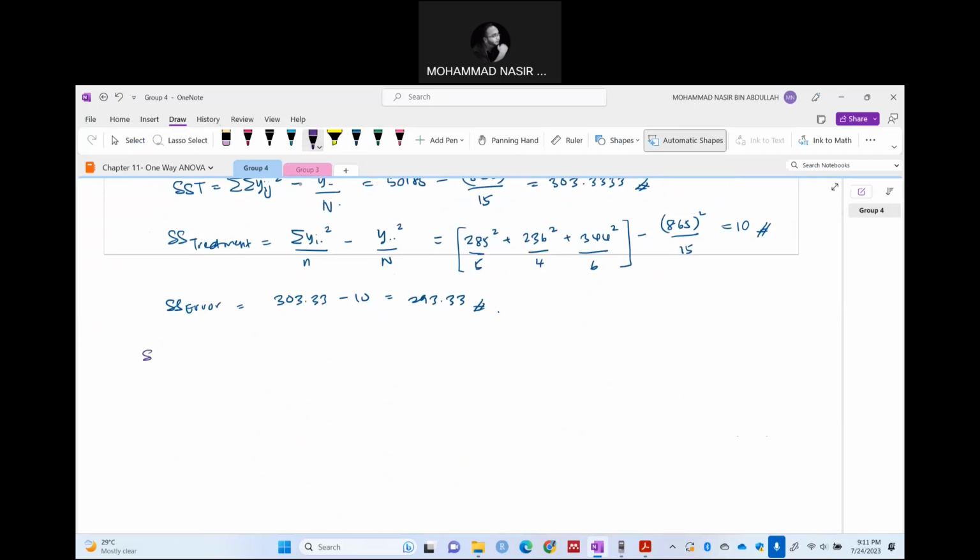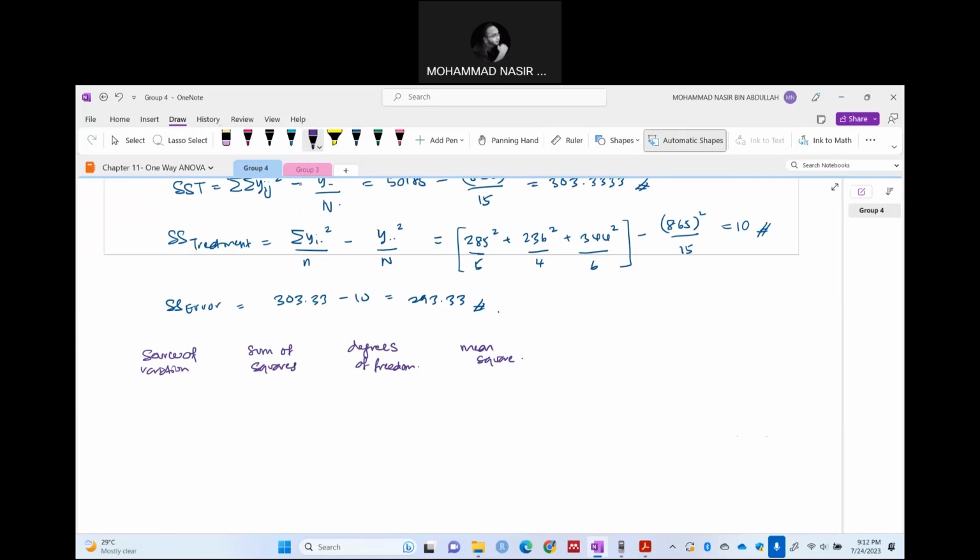So this is source of variation. This is sum of square. This is degree of freedom. And this is mean square. Don't confuse with simple linear regression, multiple linear regression, and one-way ANOVA. The degree of freedom for each technique is different, okay?